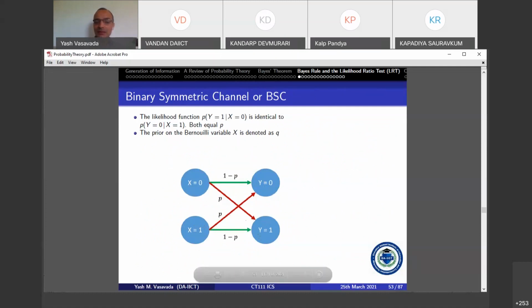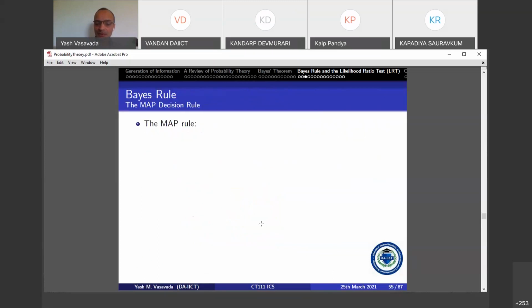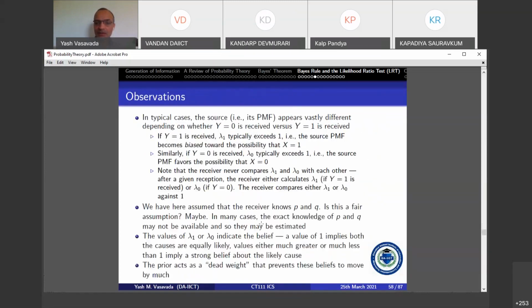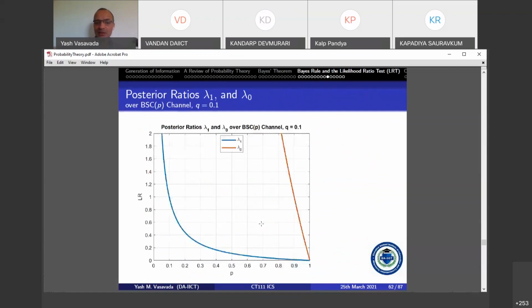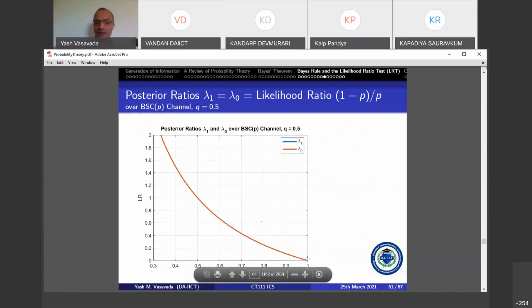And whenever you get y equal to 1, you know for sure that x was 0. And so obviously you have to flip. When you get y equal to 0, you have to flip and estimate that transmitted bit was 1. And same way when you get y equal to 1. That is very clearly captured by this point on this diagram.